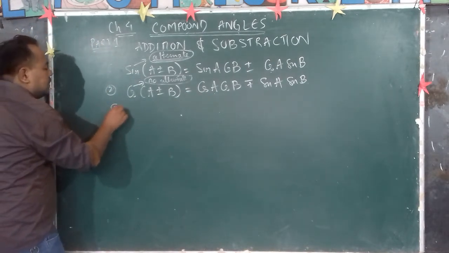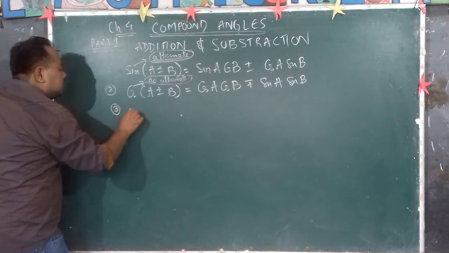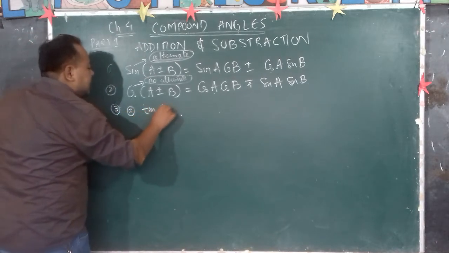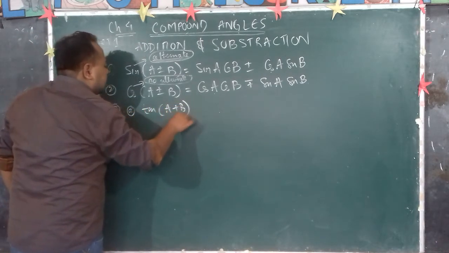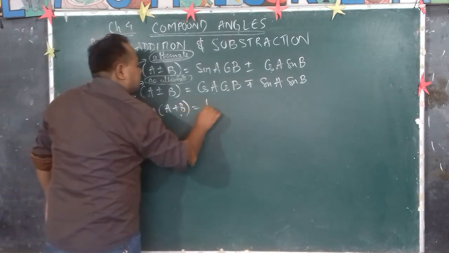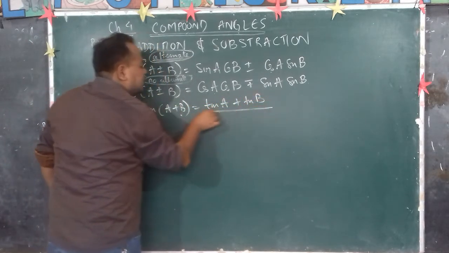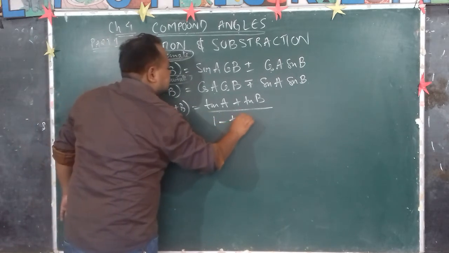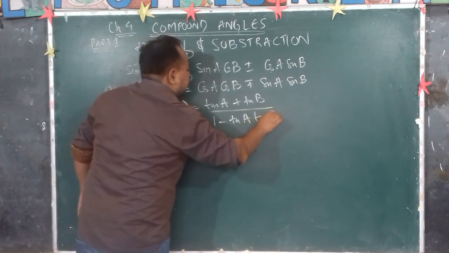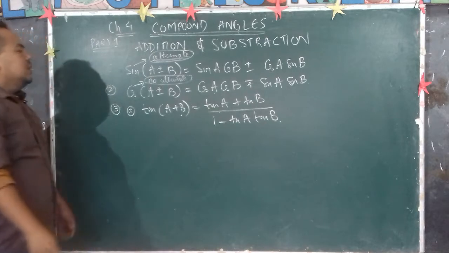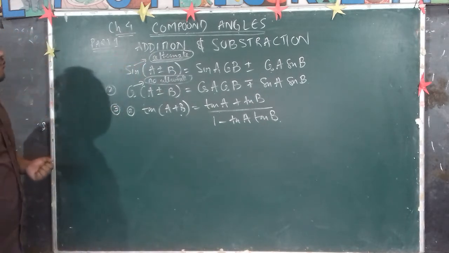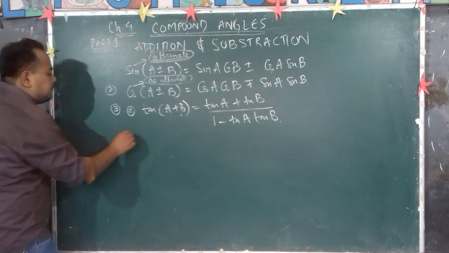The third formula is tan (a plus b). The formula will be tan a plus tan b divided by 1 minus tan a tan b. I will teach you the application of these formulas also. These formulas are very important.